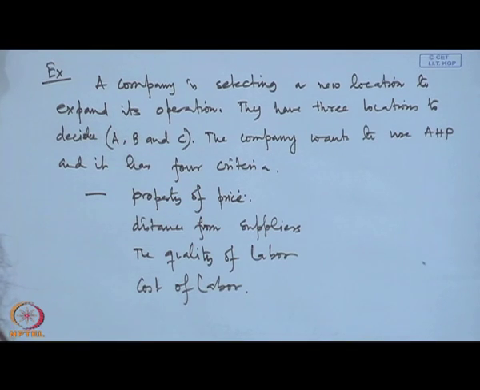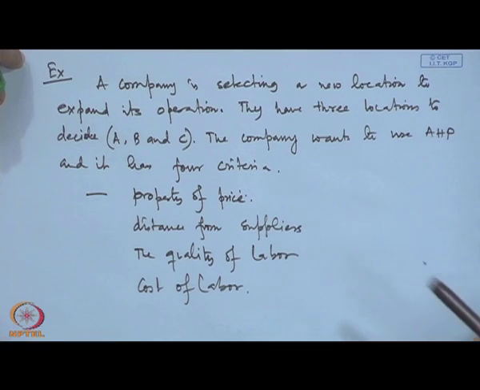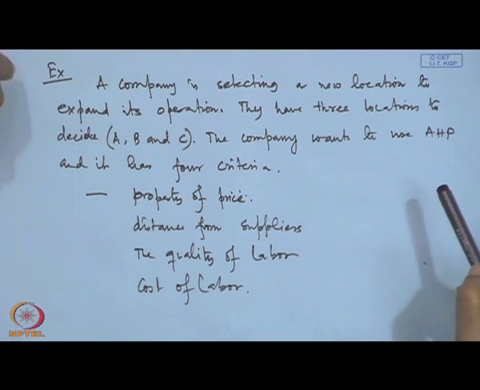As we could see, the criteria here are non-commensurable in nature. That means these are all measured in different units, because the property of the price is in rupees, distance maybe in kilometers.